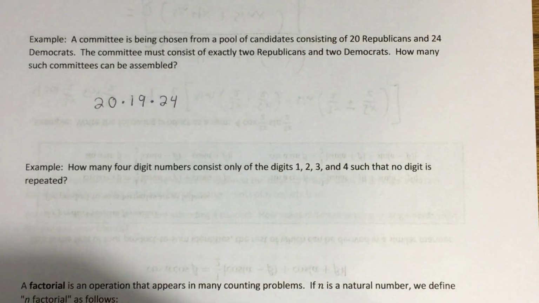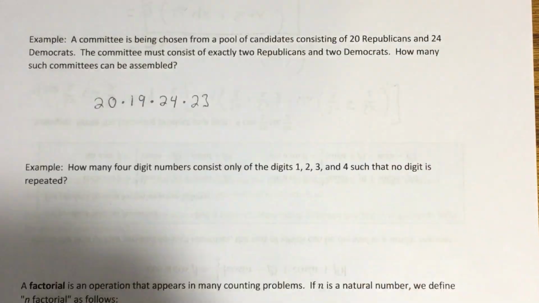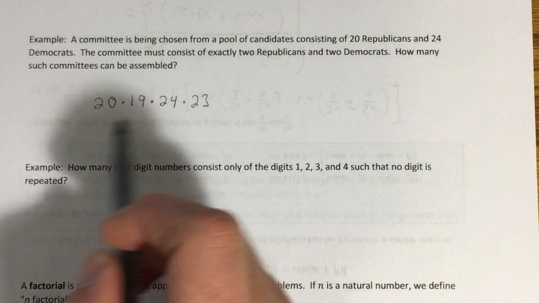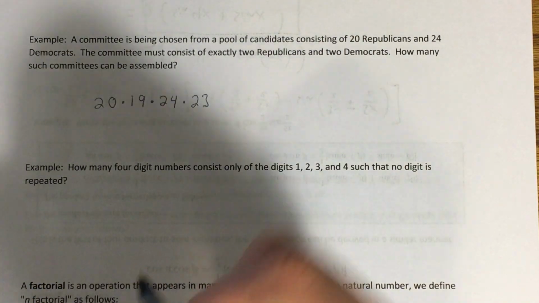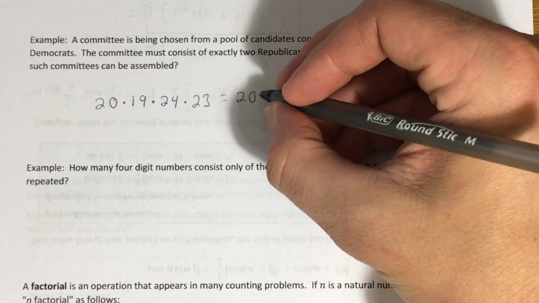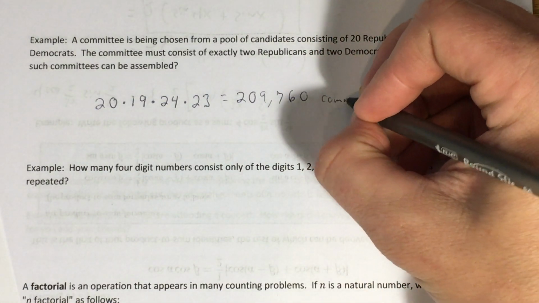And once I've chosen that Democrat, that leaves me with 23 remaining to choose for that second Democrat on that committee. And that gets me all 4 committee members with equal party representation. So this is what I'm multiplying out. This product comes out to a very large number. It's 209,760 committees.